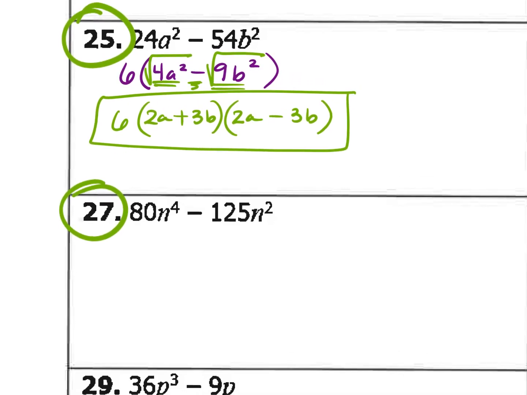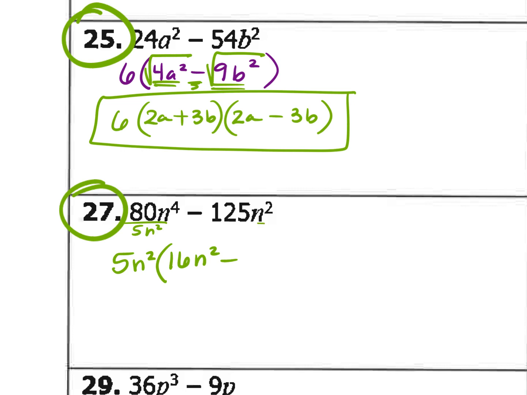What'd you pull out of 27? What are 80 and 125 both divisible by? 5. Anything else that you factored out? Not 8. N squared. There's an n squared in both of those. So you end up with 80 divided by 5 and n to the 4th divided by n squared. So that's 16 n squared, which is a perfect square, which is convenient.